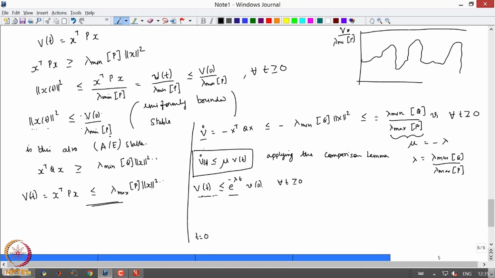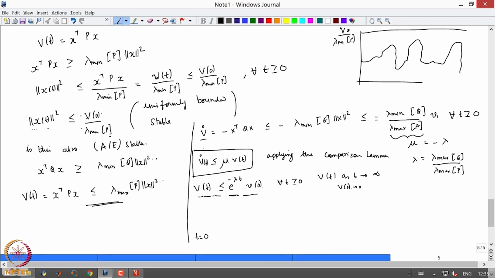This negative sign adds up to that, and says that V of t as t goes to infinity will go to 0.